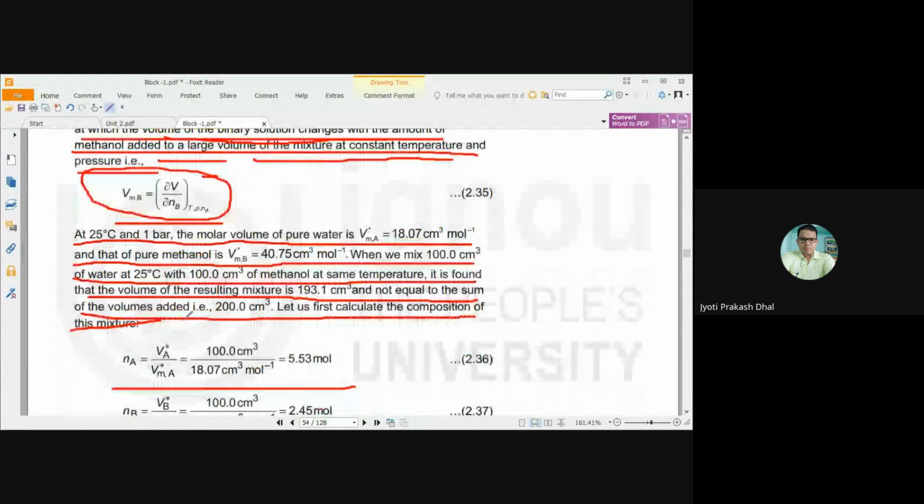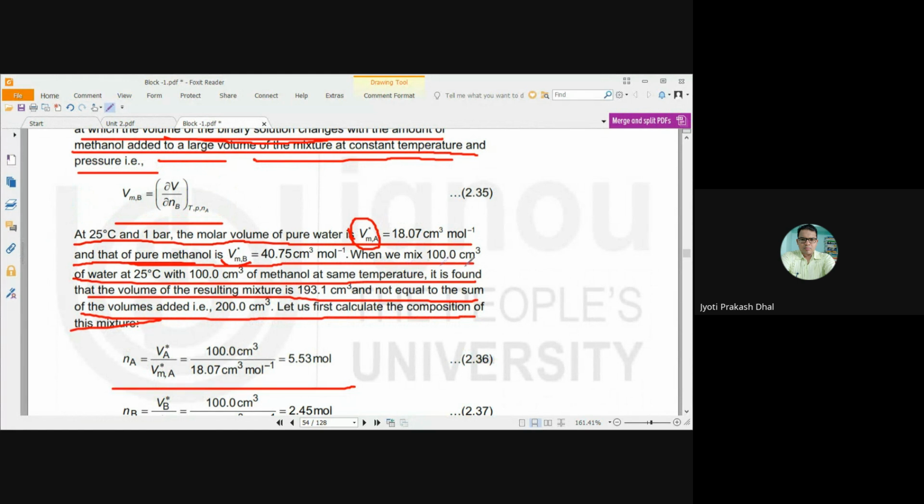At 25 degrees Celsius and 1 bar, that means at room temperature and environmental pressure, the molar volume of pure water, that is VMA star, equals 18.07 ml per mole, and that of pure methanol, that is VMB star, equals 40.75 ml per mole.